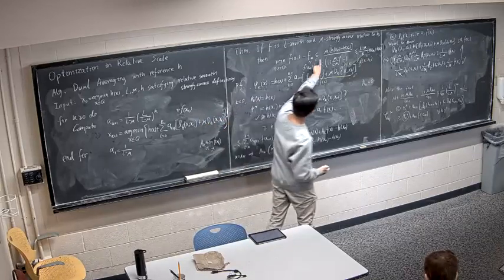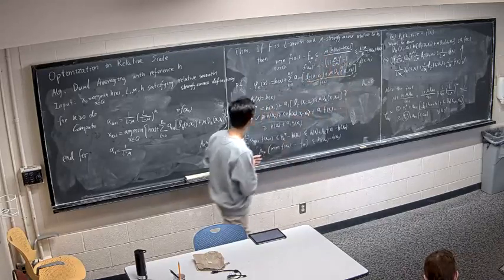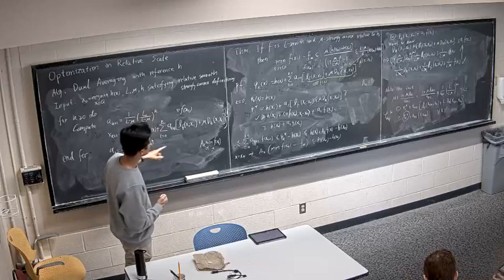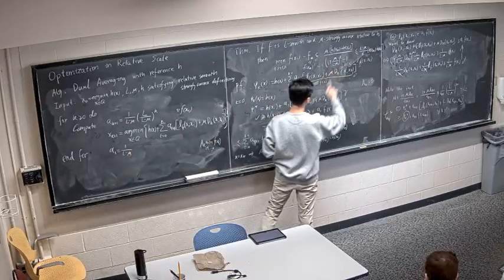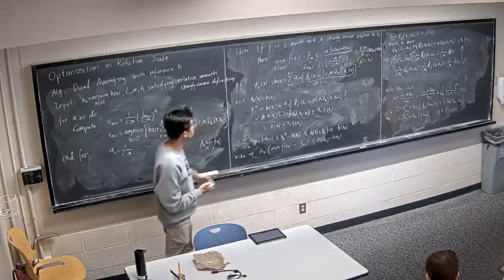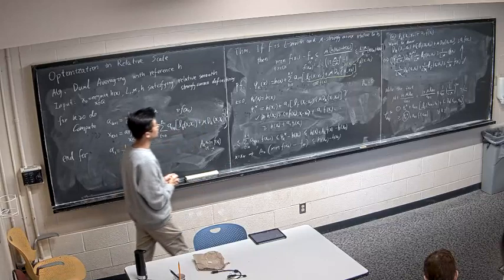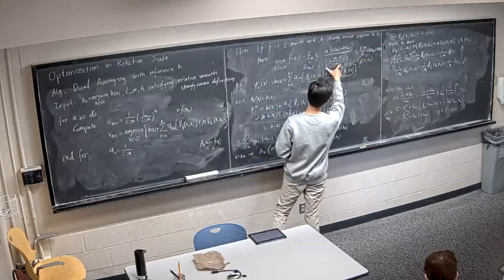It gives this inequality because this quantity divided by mu is just A k. Right, so this concludes the proof. And the last inequality is just by expanding this term.